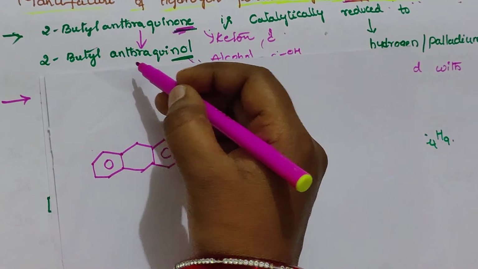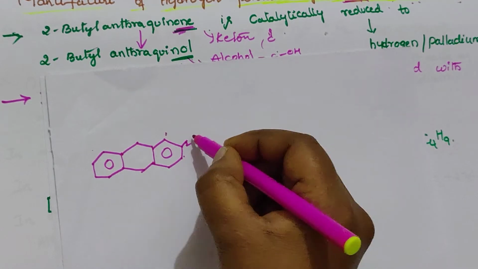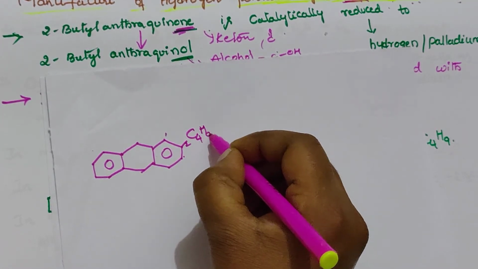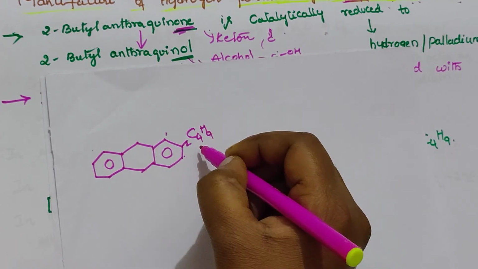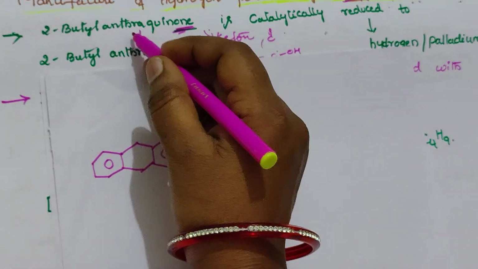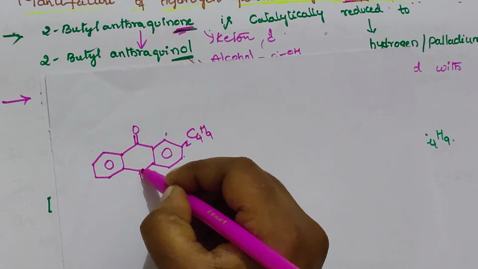Now we have 2-butyl, that means in the second position the butyl group is present. The butyl group means C4H9. The C4H9 is present in the second position, on anthracene containing quinone. The quinone structure has opposite C double bond O groups.